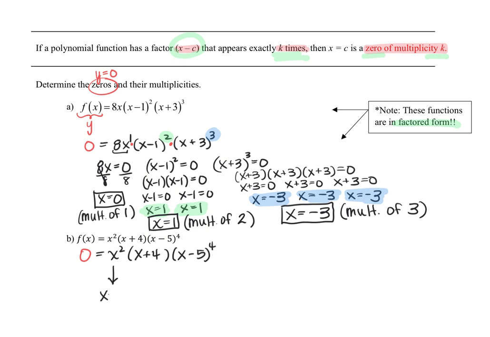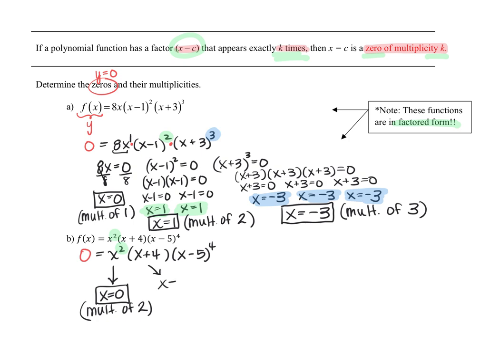We know that's going to produce a zero of x equals 0. But then we notice that we have the exponent of 2 which indicates the multiplicity. So we will write underneath here that we have a multiplicity, and I always just abbreviate that, a multiplicity of 2.